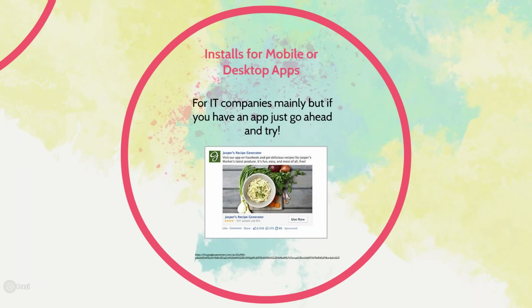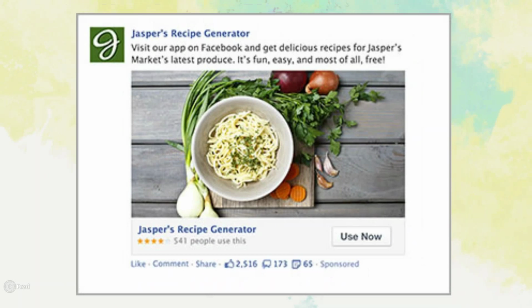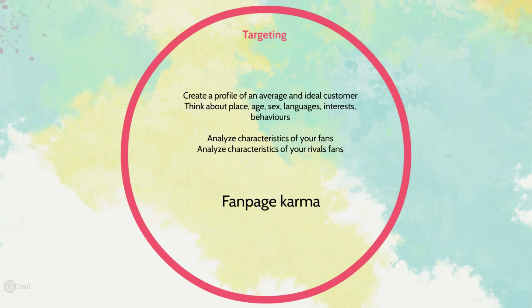And mobile apps, this is for more IT companies like for example mine, but why not try it yourself if you have any applications for mobile phones or for desktop. Give it a try. This is also a nice option.